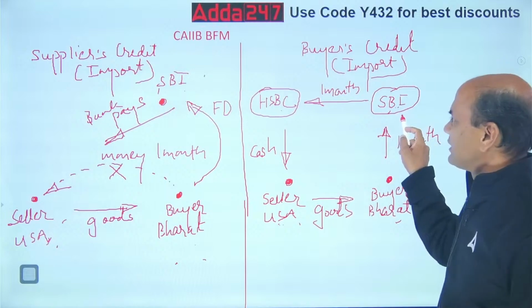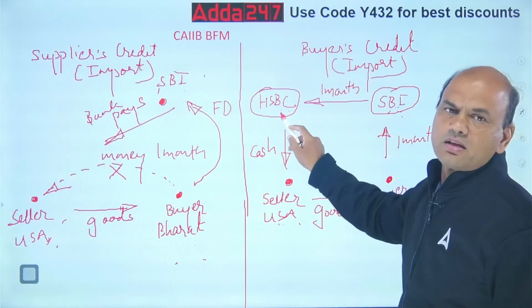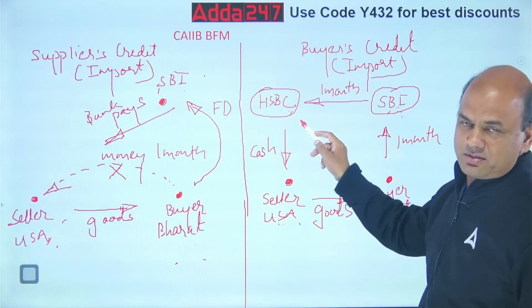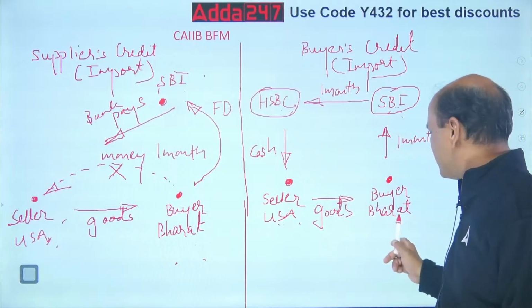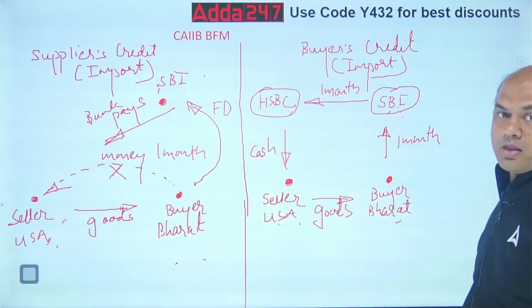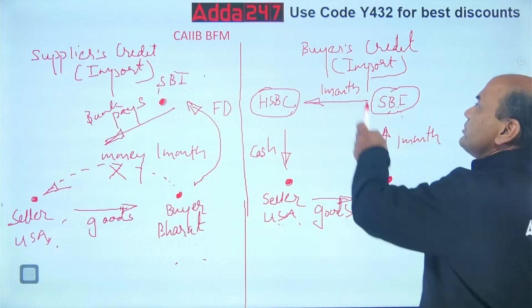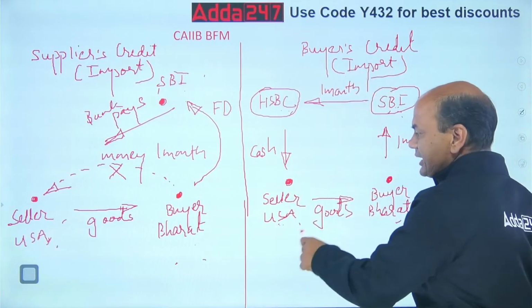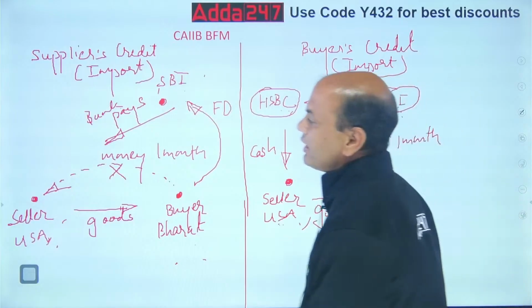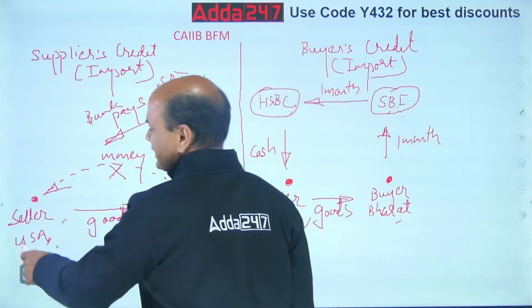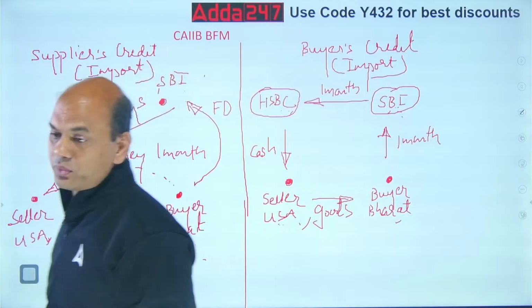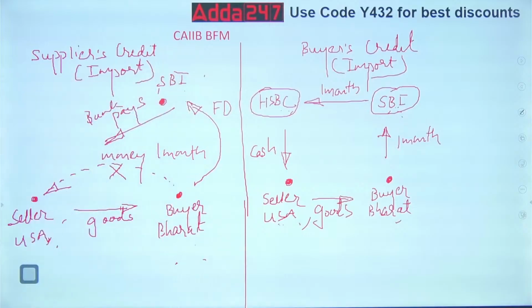This Indian bank will give this money to the foreign bank after 1 month, and this buyer will pay. So everyone is happy, isn't it? So this is known as buyer's credit, in which the supplier gets the cash immediately, while in supplier's credit, the supplier gets the cash after the due date.